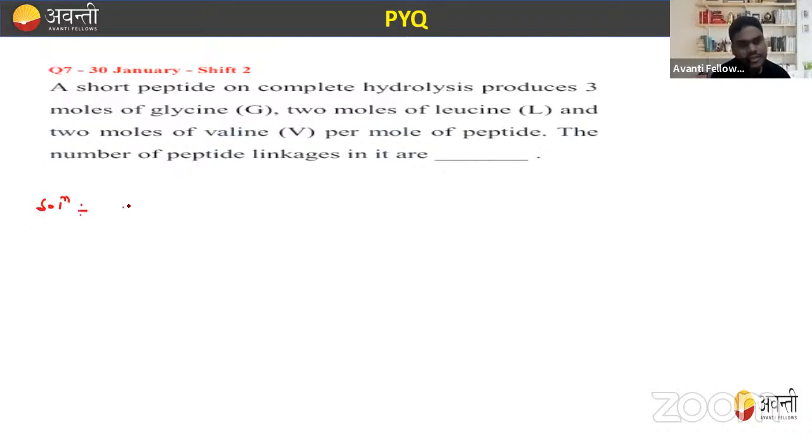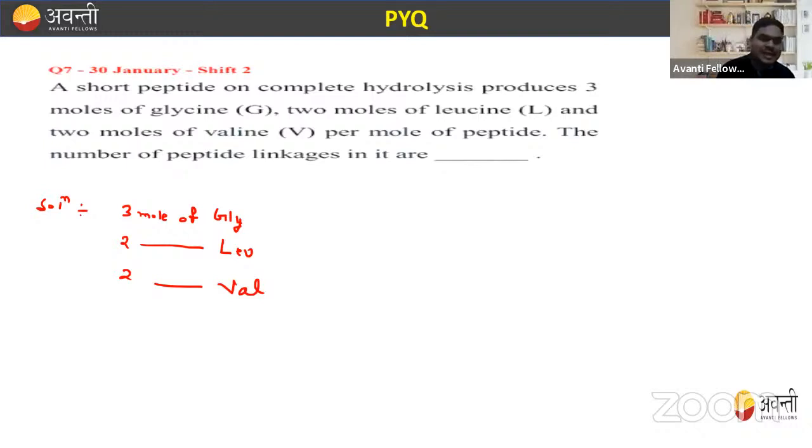It produces 3 moles of glycine, 2 moles of leucine, and 2 moles of valine per mole of the peptide.